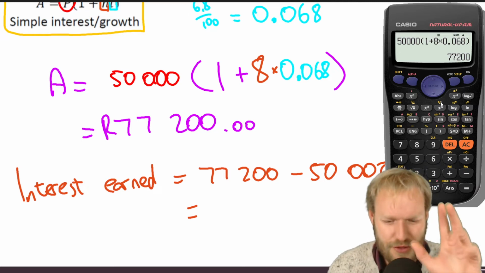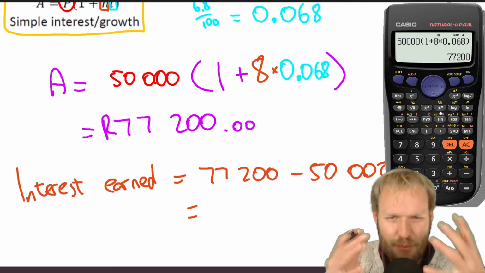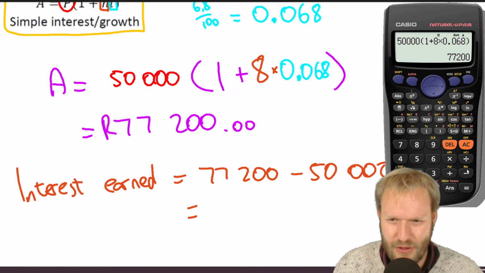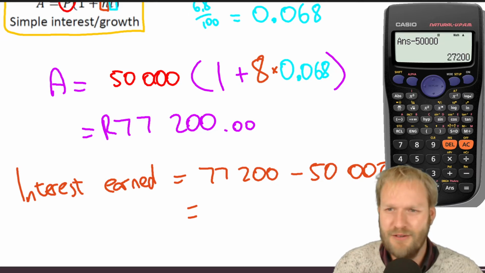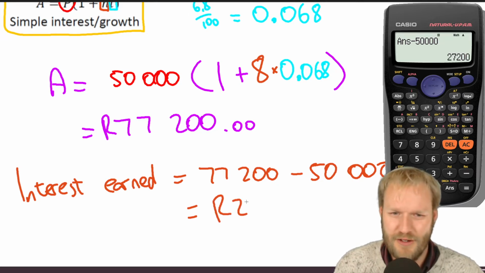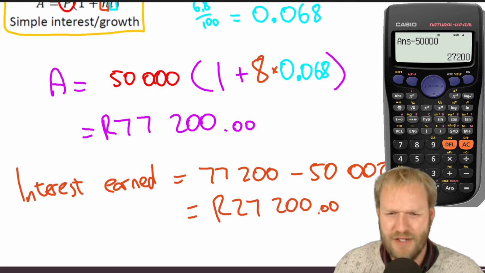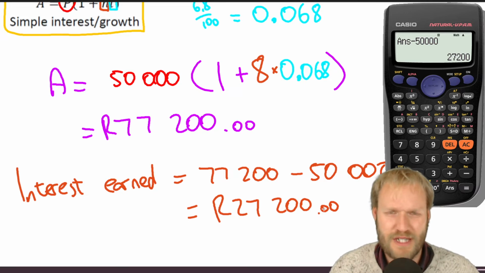One of the things that we're going to do in this section is be efficient with our calculator. So I'm not going to retype it. It's already there. Minus 50,123. Now, what do we get? Well, I get 27,200 Rand. And here there were no cents, but obviously we're going to round off to 2 decimal places for our rands and cents at the end of the problem.